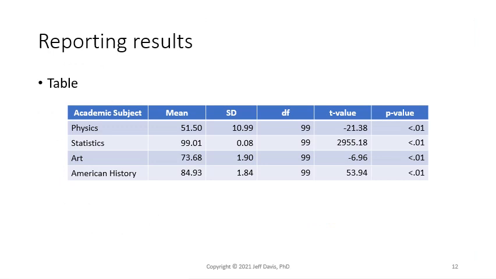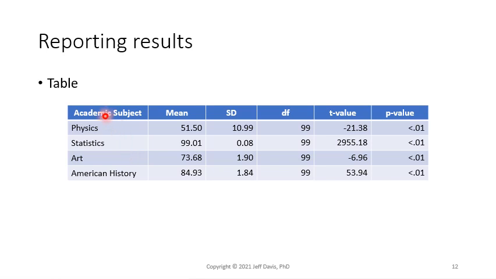Like I said, it's important that we're able to develop nice summaries of our findings, and a nice table is one way to do that. Here we list the, again, change this heading to fit your examples.